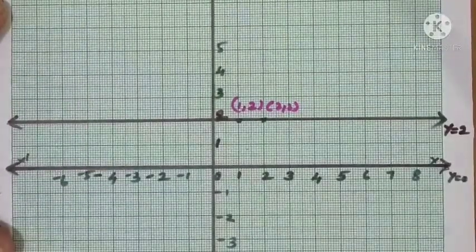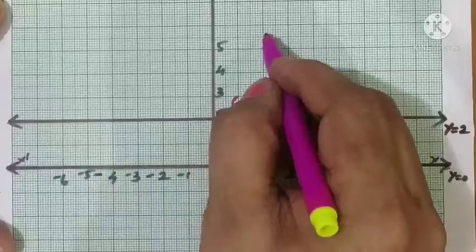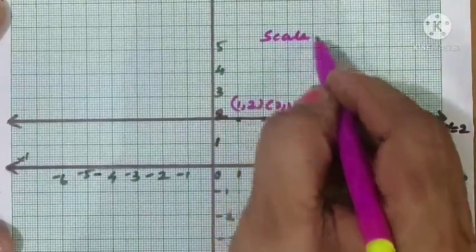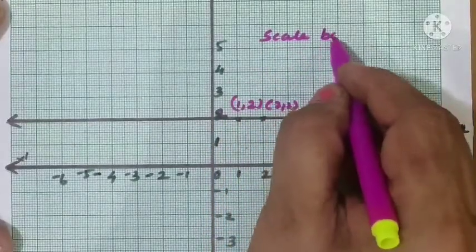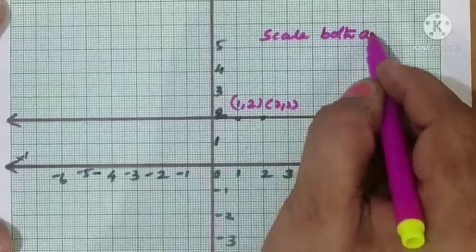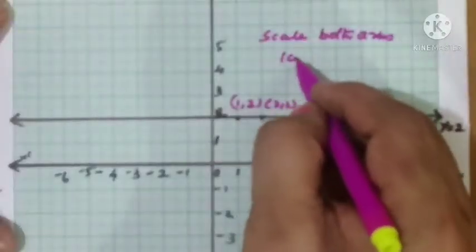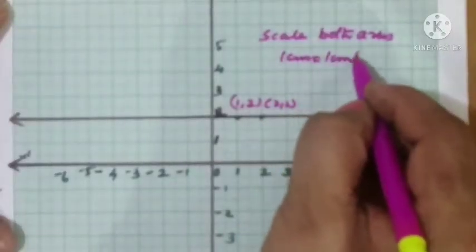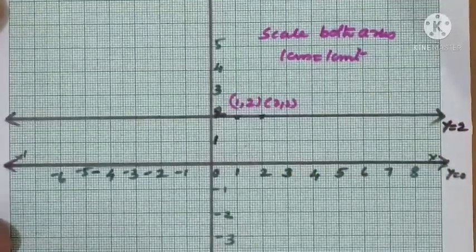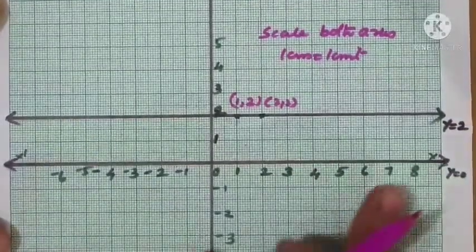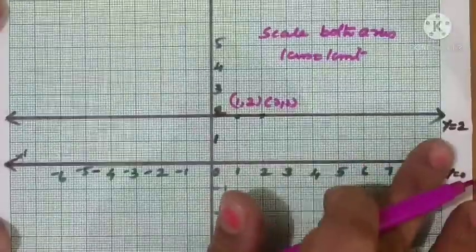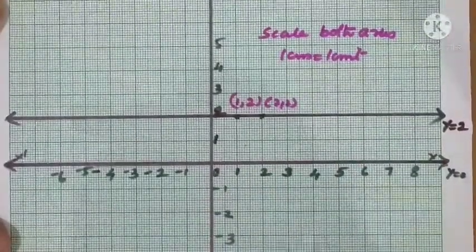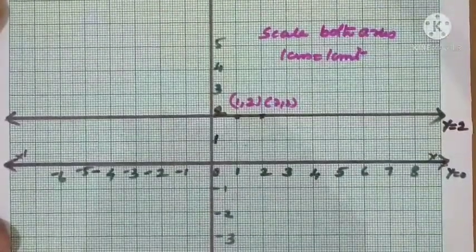Whenever you draw a graph, as I usually tell you, you must write the scale also. Here both axes are the same: 1 centimeter equals 1 unit. Both distances are the same. Labeling the graph should be done, and since the equation of the line is asked, write clearly that it is y equals 2 only.